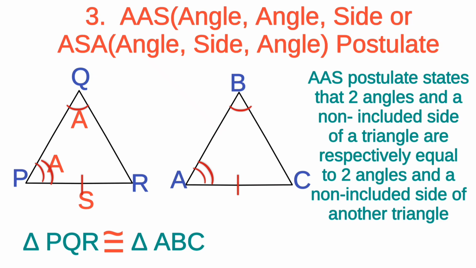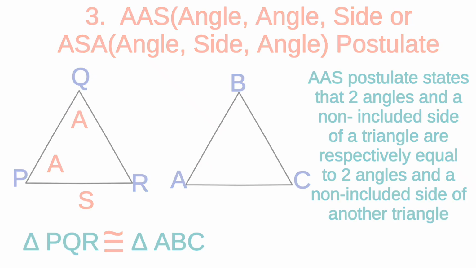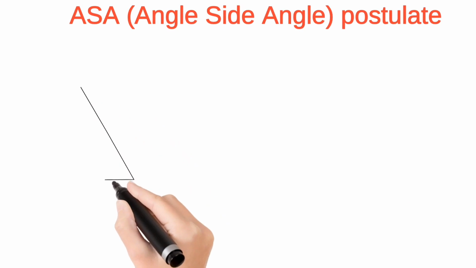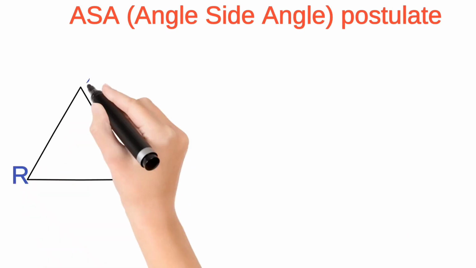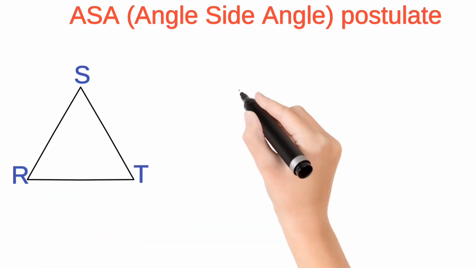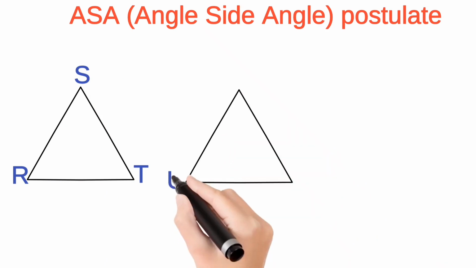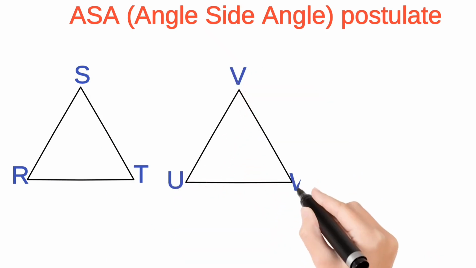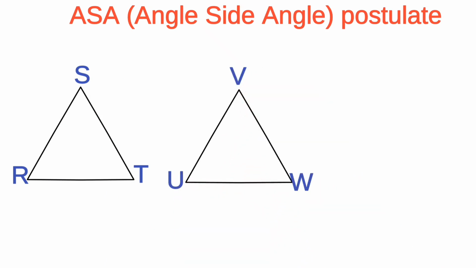Okay. Now, under this third postulate, we also have ASA postulate, that is angle side angle postulate. Now, given a triangle RST and triangle UVW.